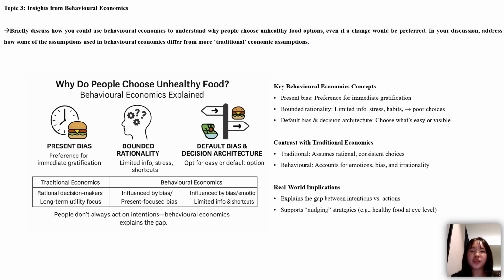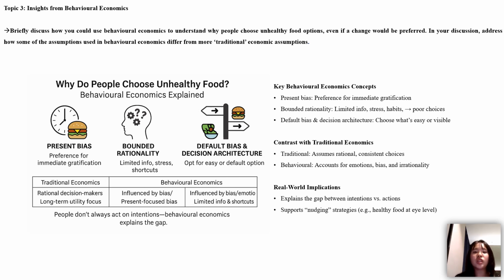Okay, for topic 3, I will explain why people often choose unhealthy foods, even when they truly want to make better choices, through the lens of behavioral economics. Let's start with the key difference. Traditional economics assumes that people are rational, that they make decisions with perfect information to maximize long-term benefits.